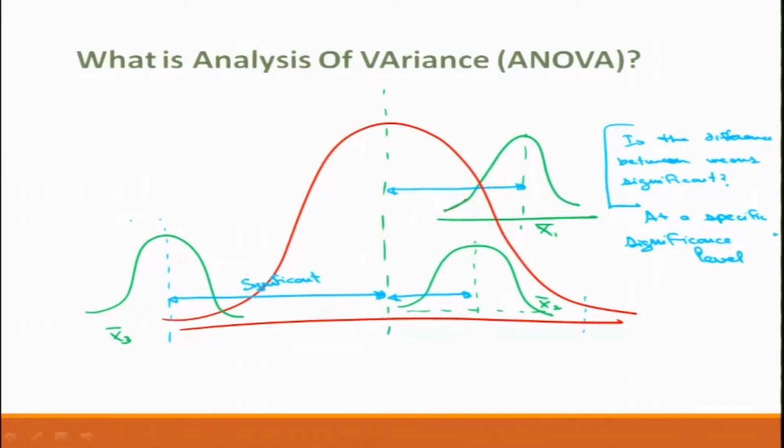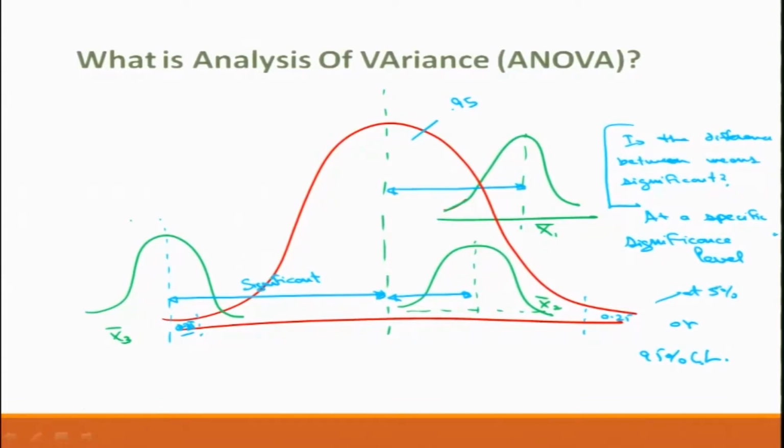You know what is significance level? If I put 0.25 and 0.25 here, the area here, if it is 0.95, the remaining area, this means it is at 5% significance level or 95% confidence level, CL.